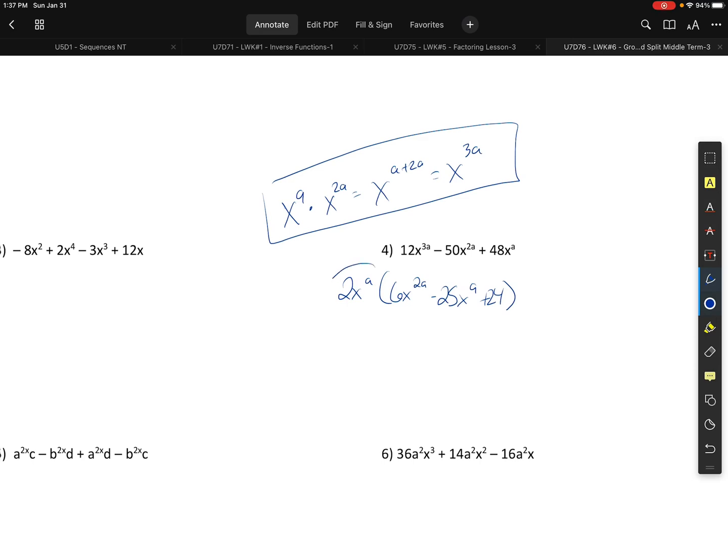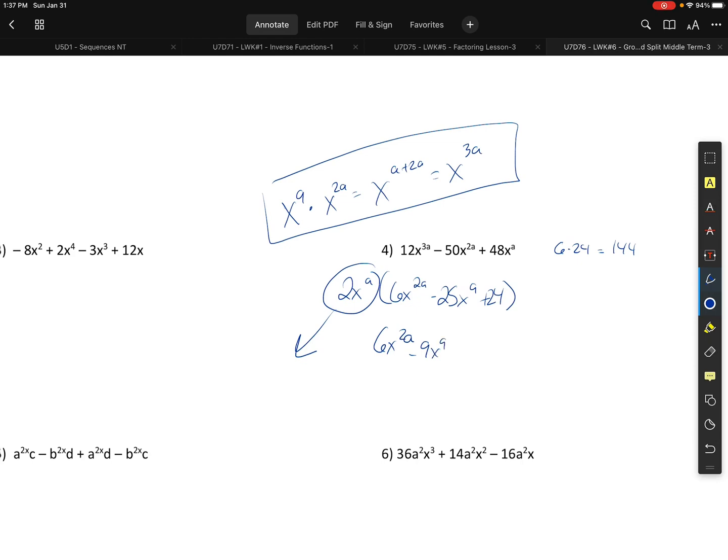And now we split our middle term. Take this, put that off to the side. 6x to the 2a. 6 times 24 equals... Where's my calculator? Yes, I'm using a calculator. I'm lazy. 144. What factors of 144 add to negative 25?